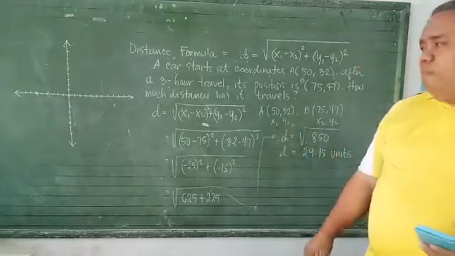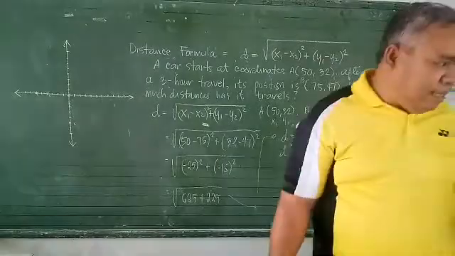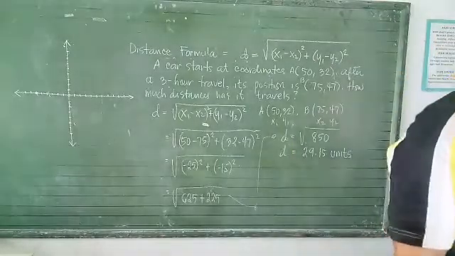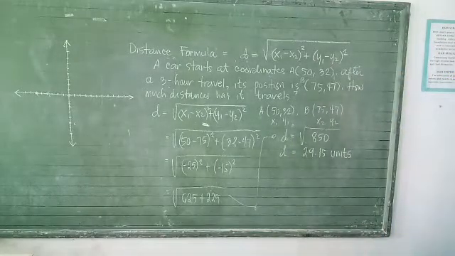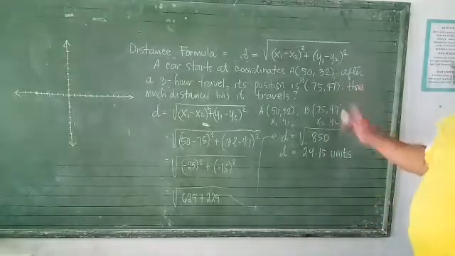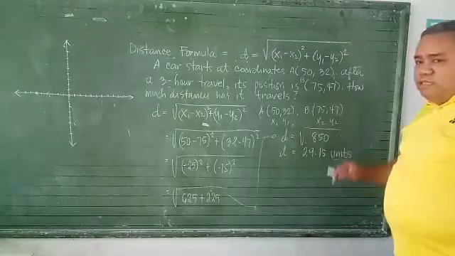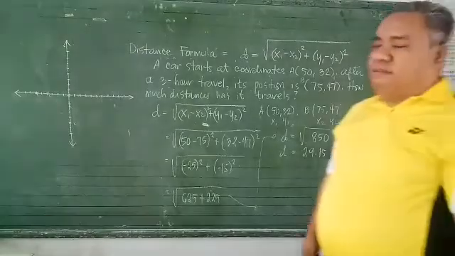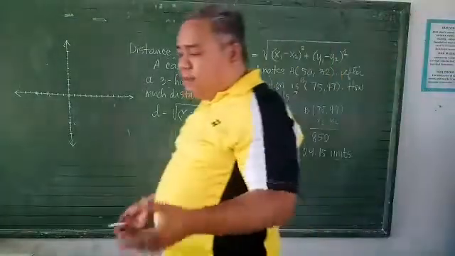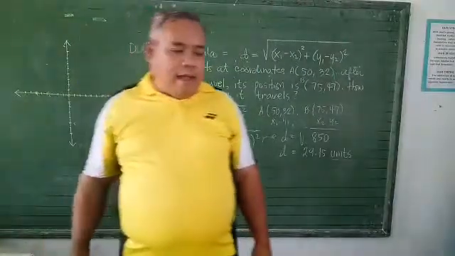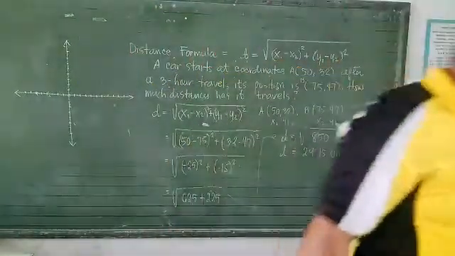It could be 29.15 units, kilometers or miles, depending on the units given in the problem. There are no units in the given problem, so we attach units. So that's 29.15 units. This means that's how far the car traveled from the start.